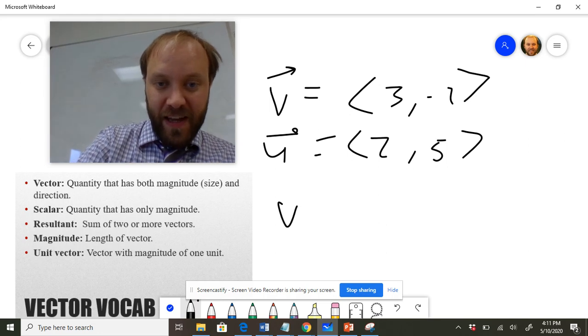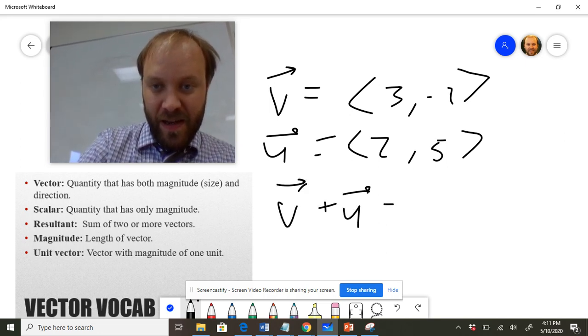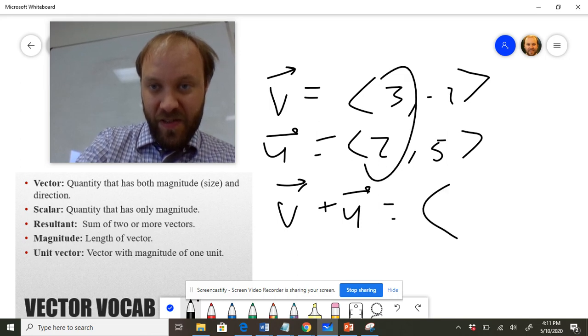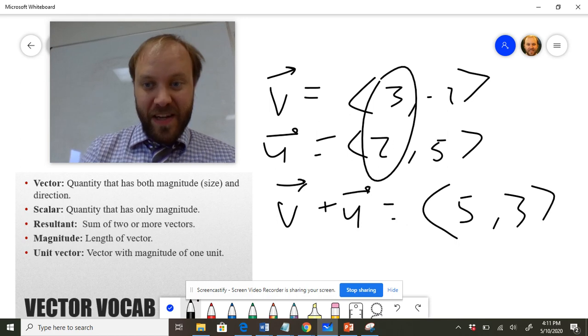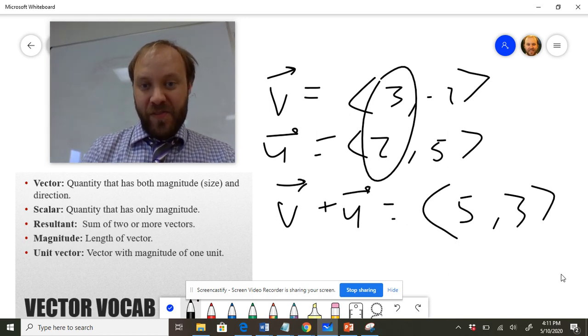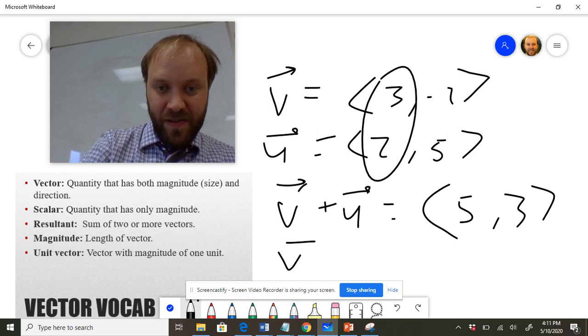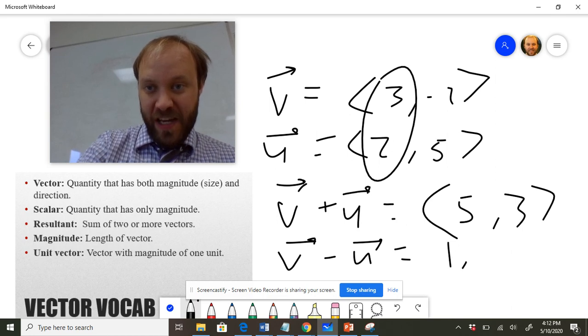So if I wanted to find v plus u, 3 plus 2 is 5. -2 plus 5 is 3. That'd be the vector 5, 3. If you subtracted the two, v minus u, you could take 3 minus 2, and that would be 1. You could take -2 minus 5, and that would be -7.